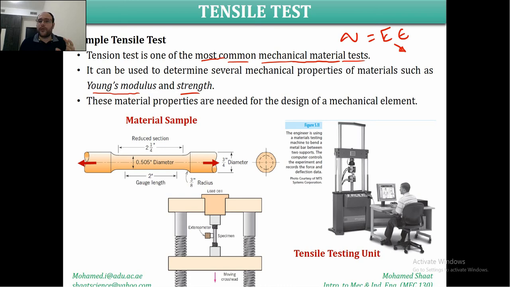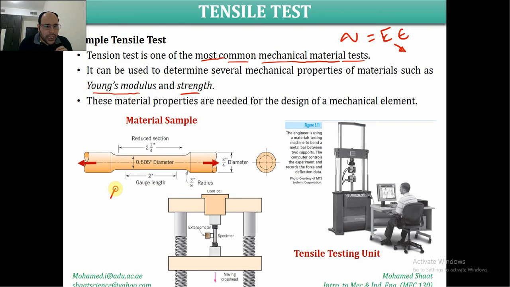If we are interested in finding the elastic modulus for steel, we have to cut a material sample with this form, with this shape, with this standard dimension, made of steel. If we would like to identify the elastic modulus of aluminum, we have to cut this material sample from an aluminum part, and so on. So it should be made of the material that we are interested in finding its elastic modulus. This is the first step, just to make and prepare this material sample.